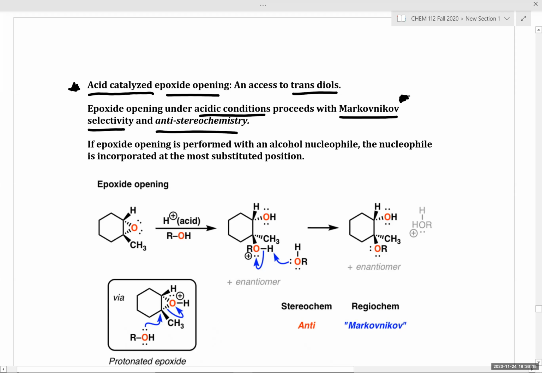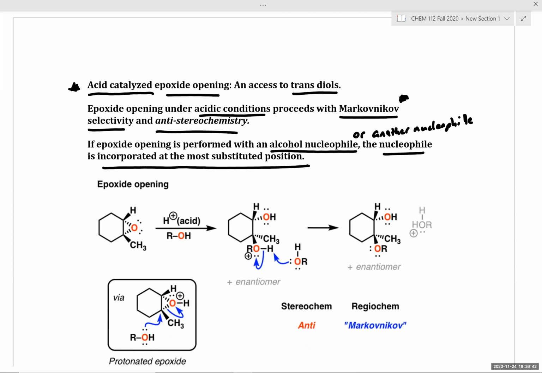Now, if the epoxide opening is performed with an alcohol nucleophile, and I want you to note this and keep this in mind for the exam, or another nucleophile, we can use things other than just water and alcohols, the nucleophile is incorporated at the most substituted position. So this works with a range of nucleophiles, and that's why it's quite useful.